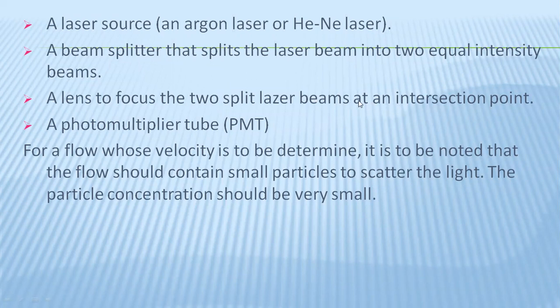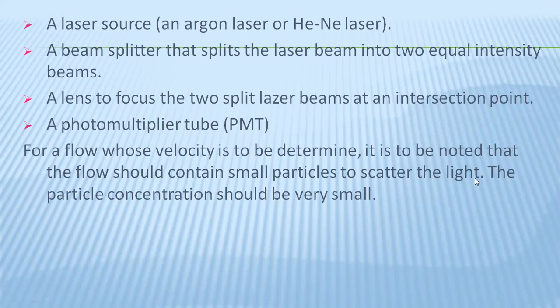And a photomultiplier tube is used for the flow whose velocity is to be determined. It is to be noted that the flow should contain small particles to scatter the light. The particle concentration should be very small. By using this photomultiplier tube, we can calculate the velocity of the flow on different devices.